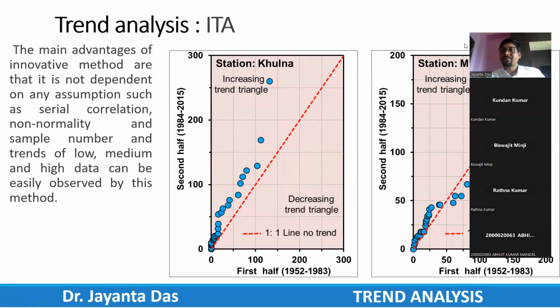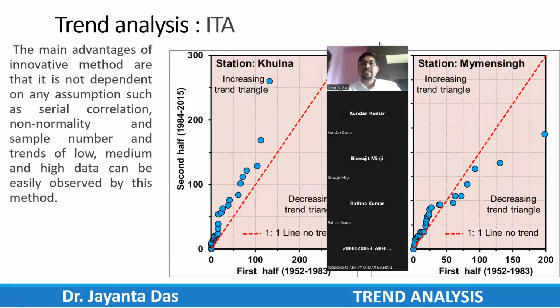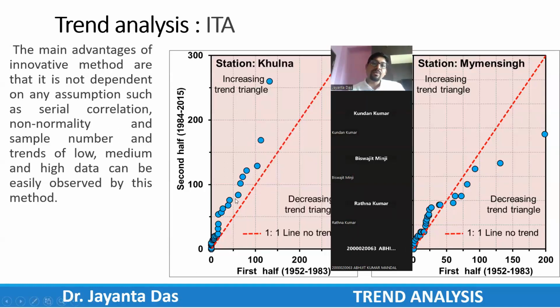But in this case there is a non-monotonic trend. How can we say that? Because in the lower part, this is called low, this is called medium, and this is called high. There's a pattern in every data series: one pattern low, then another pattern medium, then another pattern high. Overall all are increasing trends.